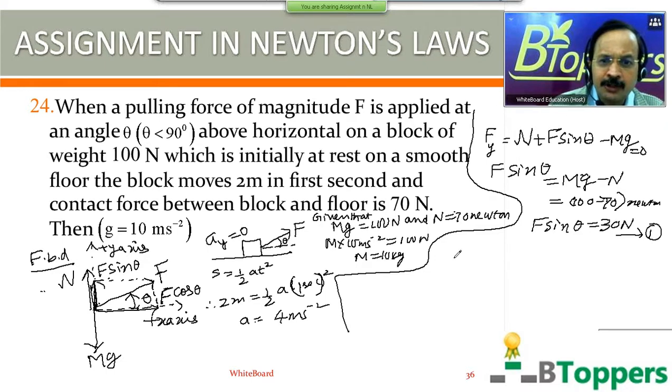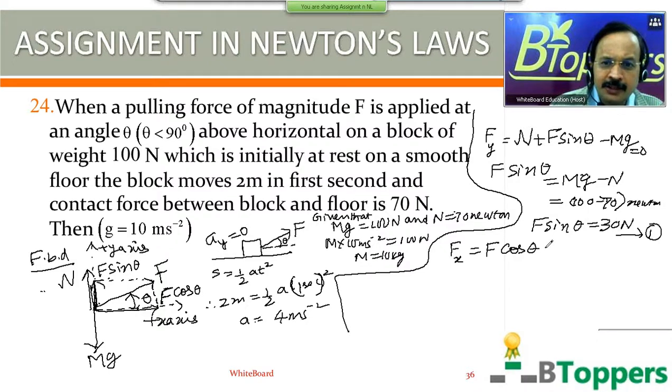If Fy is 0, the resultant force on the block must be equal to Fx, that means the resultant force in the x direction. The only force which acts on the block along the x-axis is the horizontal component of the pulling force, which has magnitude f cos theta. So the magnitude of the resultant force on the block is f cos theta.